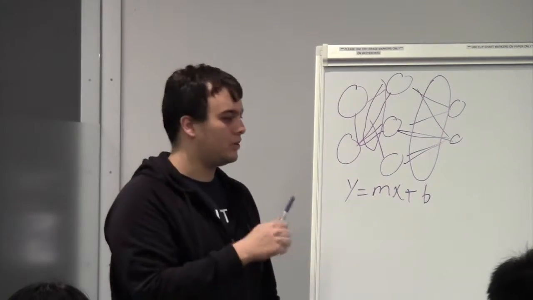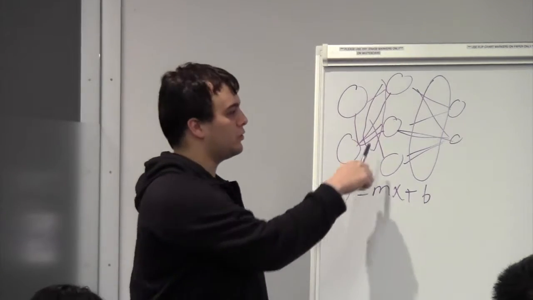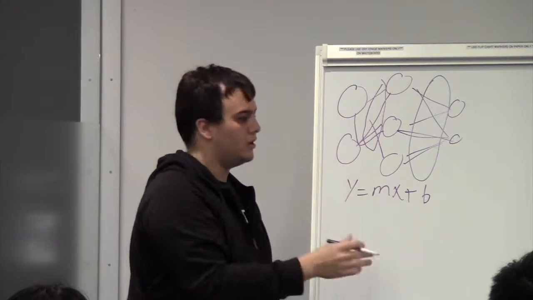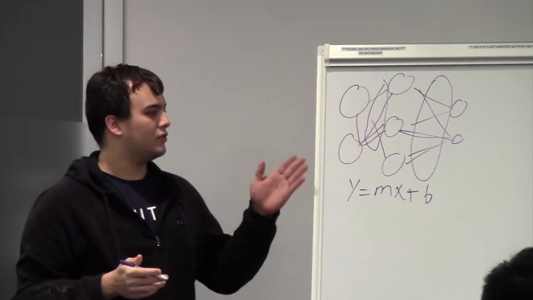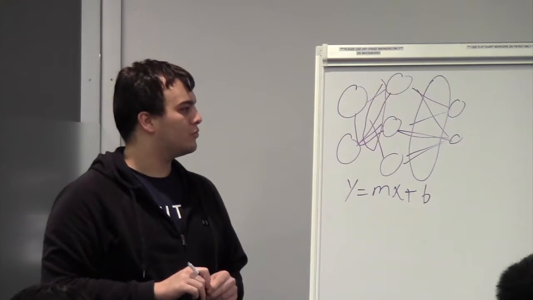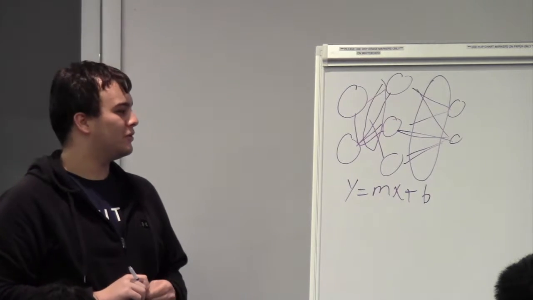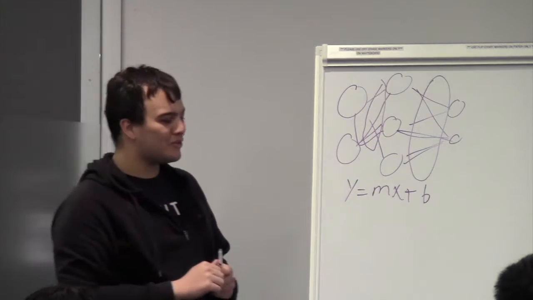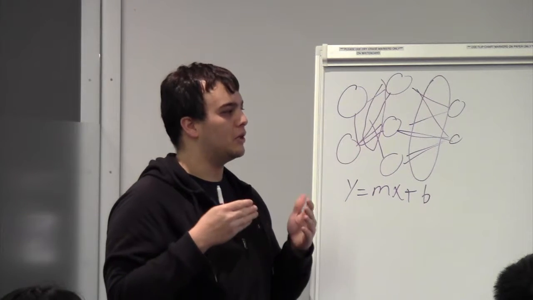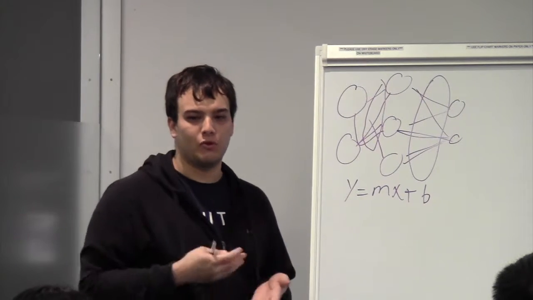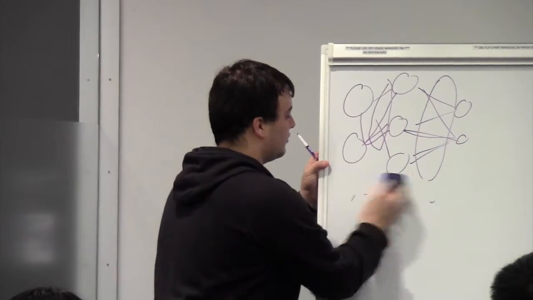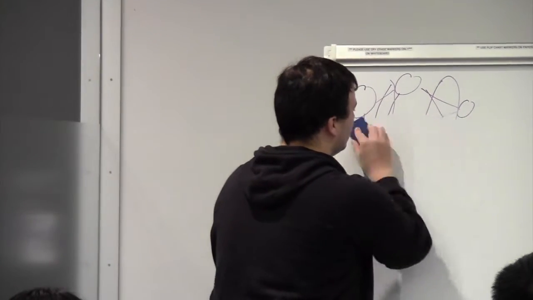So y, our output, equals m, which in this case is going to be our weights, times x, which is going to be our input, plus b, which in this case is going to be called bias.